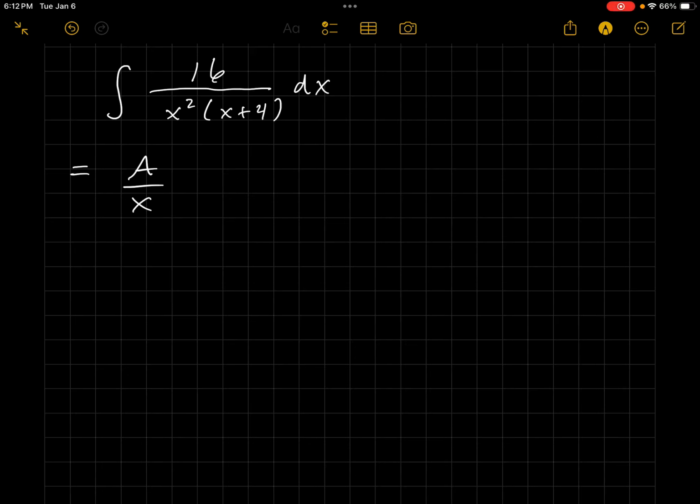So I need an a over x, but I really have x times x, so I need b over x squared, and then c over x plus 4, which should equal 16 over x squared times x plus 4.